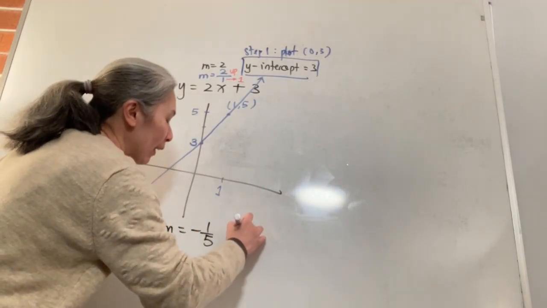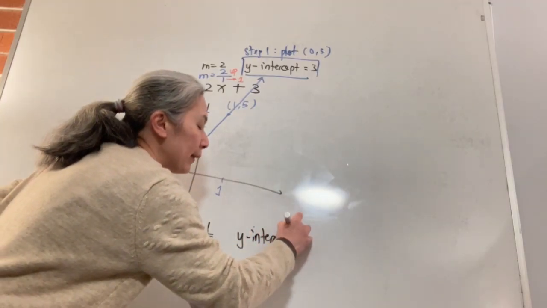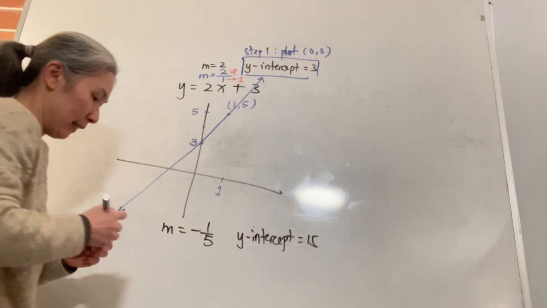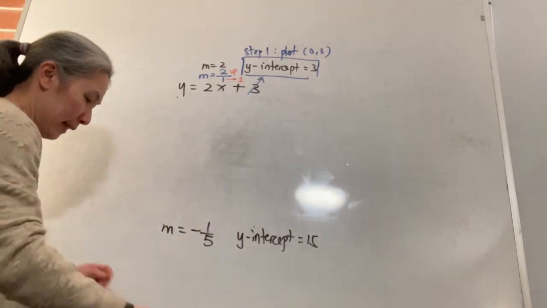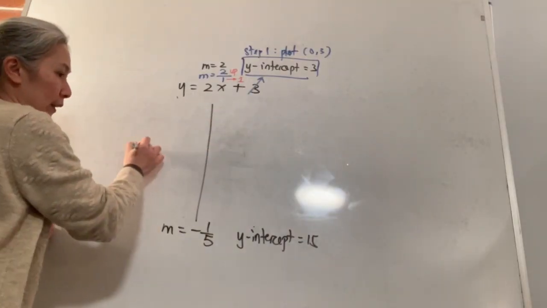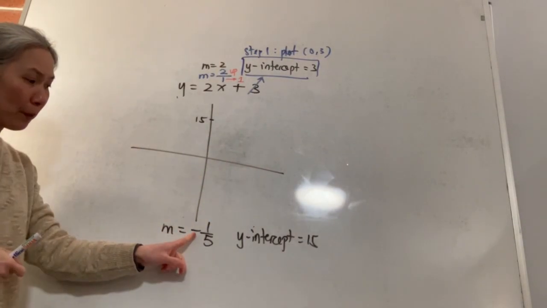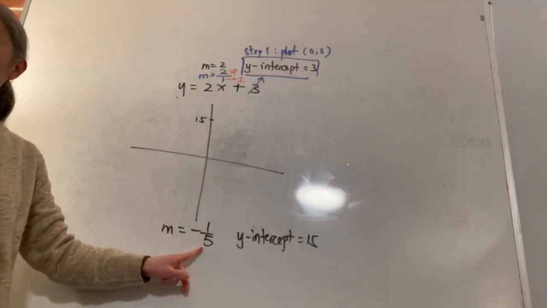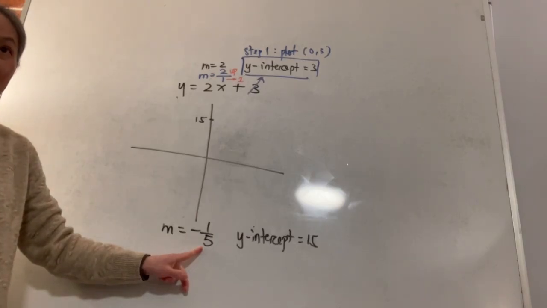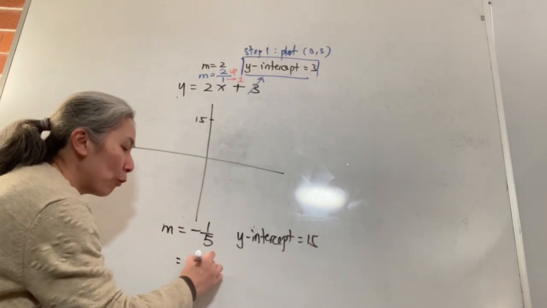And the y-intercept is equal to 15. So let's look at this. Now you have 15 in here. Do you want to put the negative for the 1 or the negative for the 5? Pick. It doesn't matter. You just pick which one you want to give the negative to. I'm thinking of negative 1 on 5.